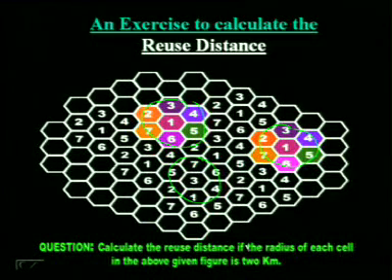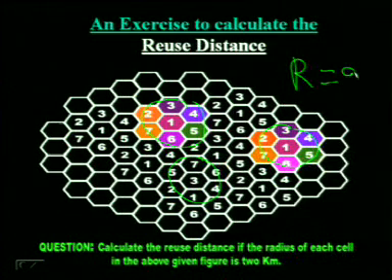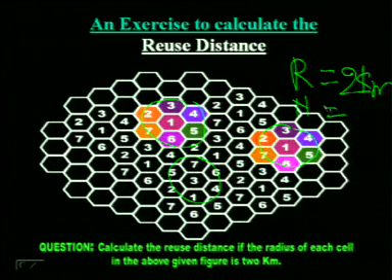And what is given here? Calculate the reuse distance if the radius of each cell in the given figure is 2 kilometers, meaning R is equal to 2 kilometers. What is the value of N? 7.